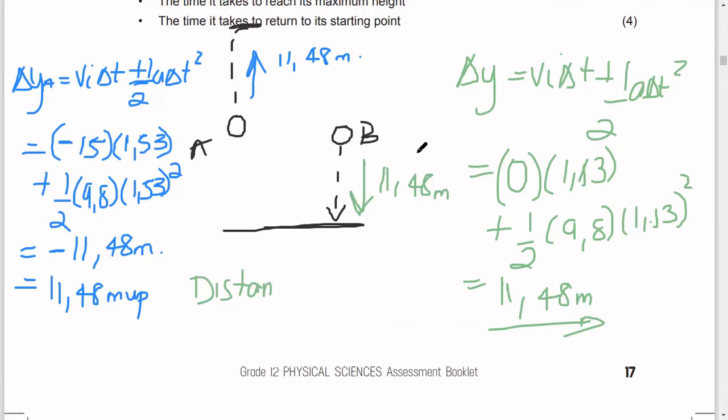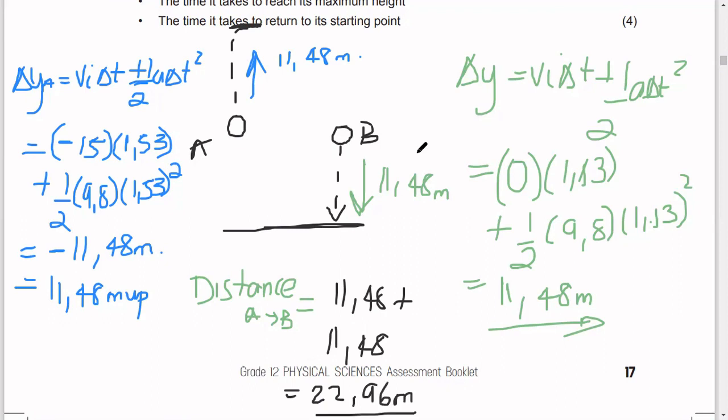Therefore, the distance between them equals 11.48 plus 11.48, which is 22.96 meters.